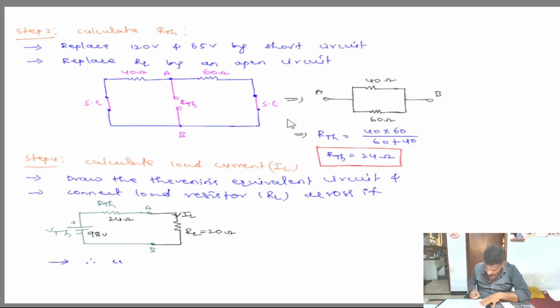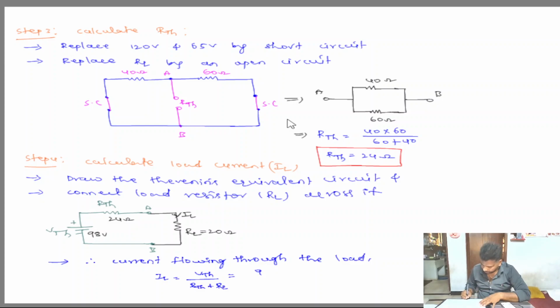Therefore, the current flowing through the load, IL, is equal to VTH by RTH plus RL.